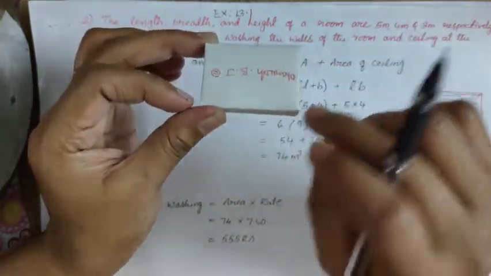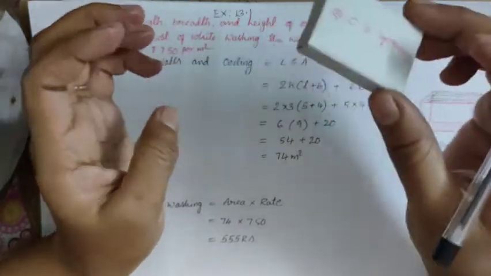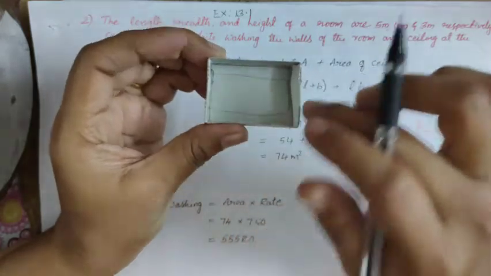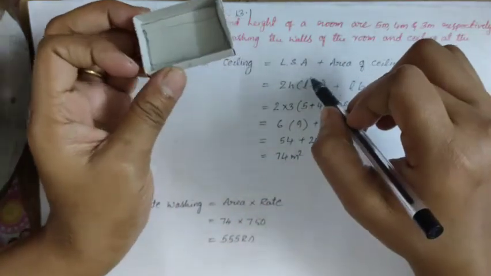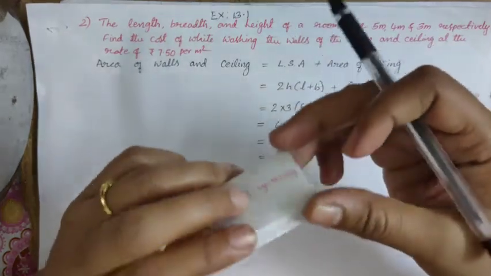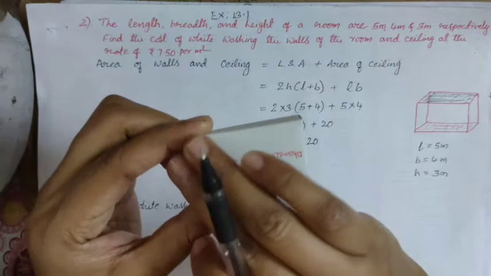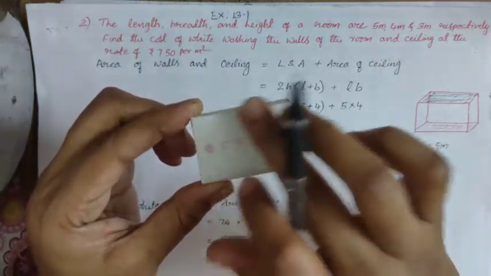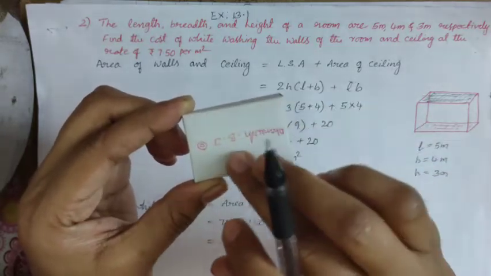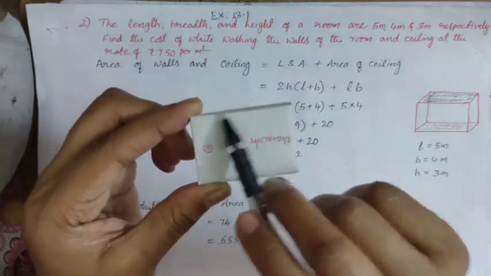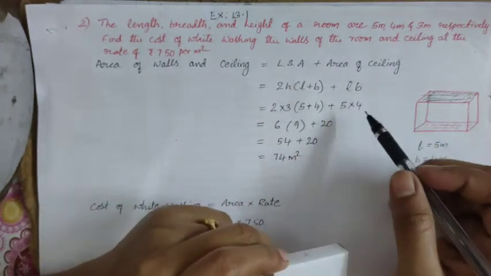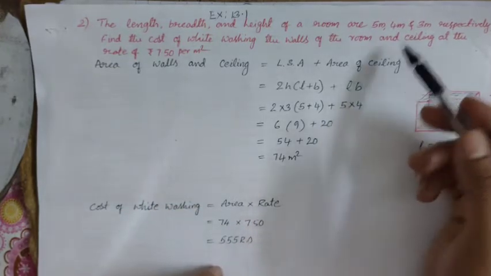First we have to find the 4 walls, which is the lateral surface area, and the ceiling is the top area. The top of the cuboid is in the shape of a rectangle, so the area of the rectangle is length into breadth.